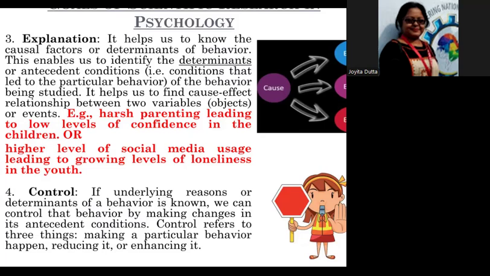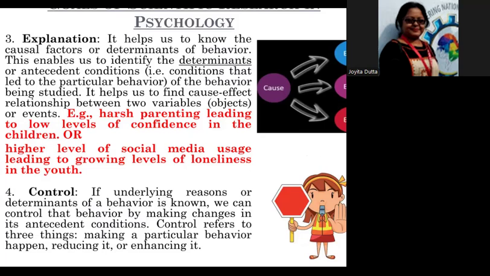Thirdly, there is an explanation: I am giving you the factors that would be involved in causing such behavioral changes. And lastly, control. If I know you're behaving in this way, then I'll control the factors, the independent variables, so that your behavior, which is a dependent variable, would act accordingly.